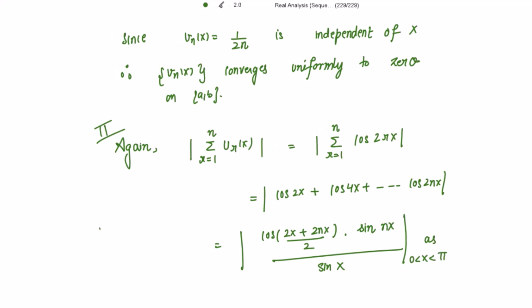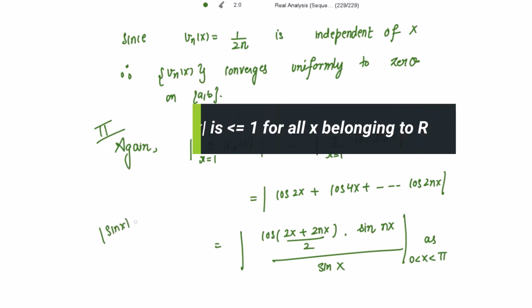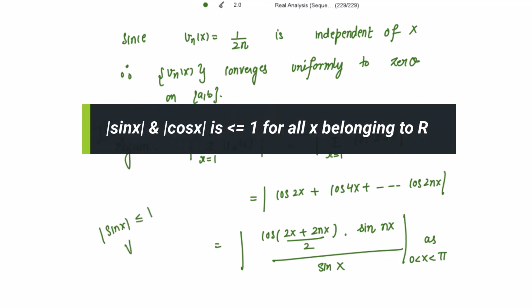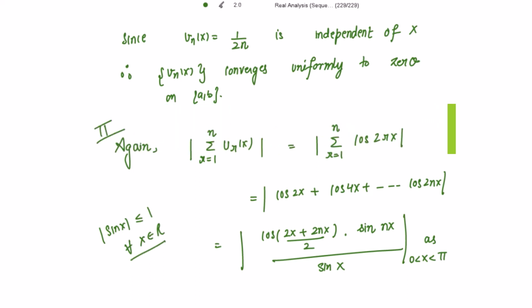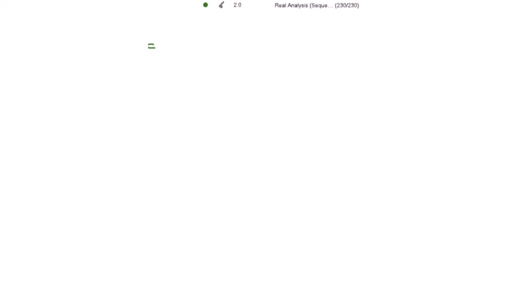Now because we know that mod of sine of x is always less than or equal to 1 for all x belonging to the real numbers, I can write the mod of the numerator to be less than or equal to 1. So this is further less than or equal to 1 divided by mod of sine x for all x belonging to the closed interval ab. 1 divided by mod of sine x becomes mod of cosecant x.